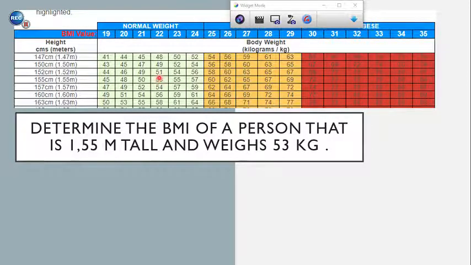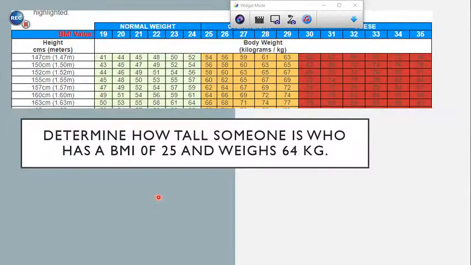And that gives us a BMI value of 22. So if we take that BMI value and we look in our BMI interpretation table, we'll see that should also be a normal BMI.